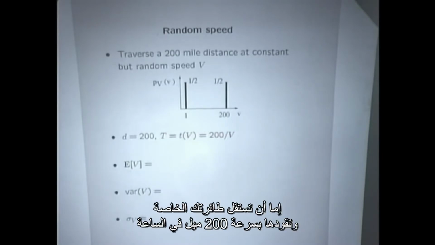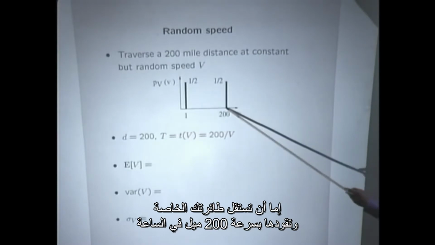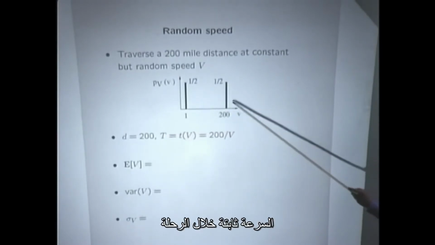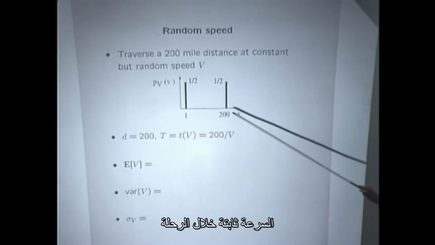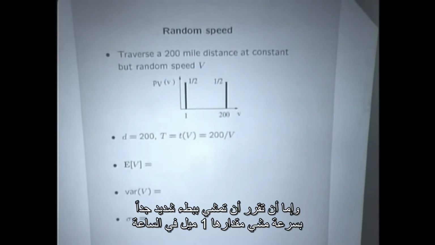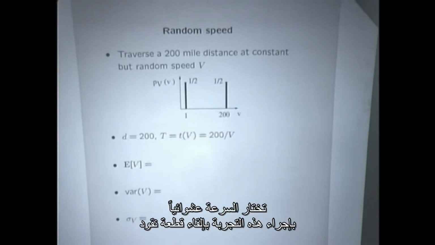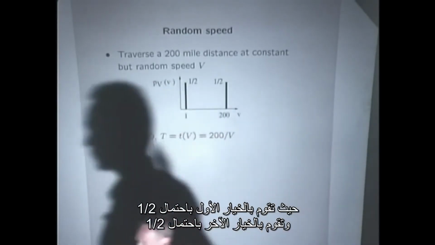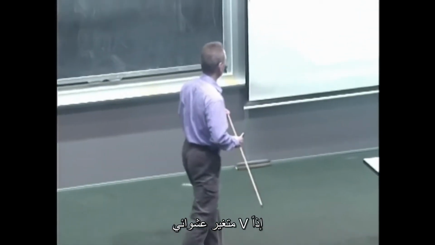Either you'll get your private plane and go at a speed of 200 miles per hour, constant speed during your trip, or otherwise you'll decide to walk really, really slowly at the leisurely pace of 1 mile per hour. So you pick the speed at random by doing this experiment, by flipping a coin, and with probability 1/2 you do one thing, with probability 1/2 you do the other thing. So your v is a random variable.